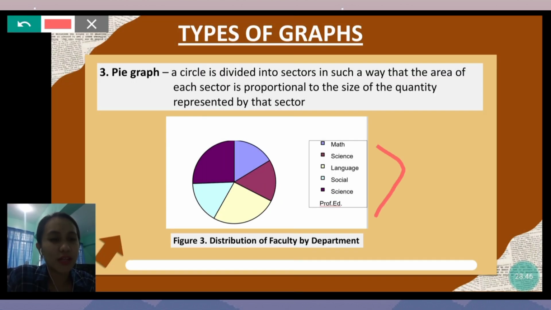This one, that's the legend. So this one and this one represent the number of science teachers or faculty, this one represents the language teachers, this one is for social sciences, and that is for math.